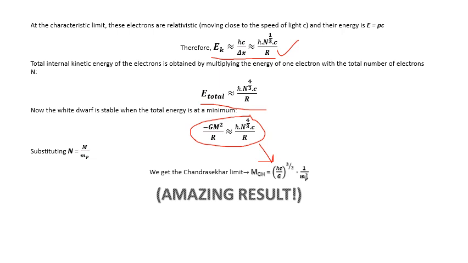Also, we are going to substitute n as the mass of the star divided by the mass of the protons, and we will get a more concise relation, which is a constant basically, which comes out to be 1.44 times the solar mass. Chandrasekhar was a visual genius.